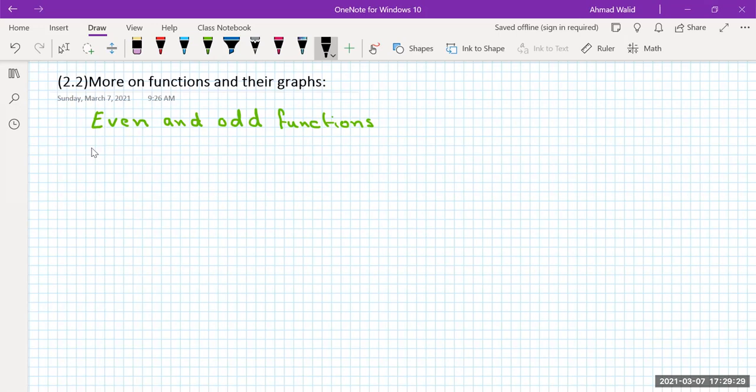Correct? Let's start with even functions. Every time that you have a function f of x given to you and you want to check that your function is even, replace your x with negative x.